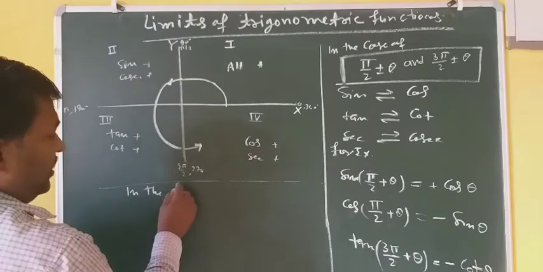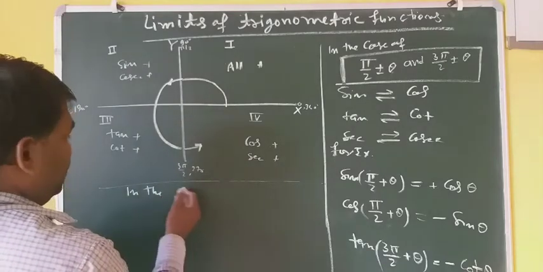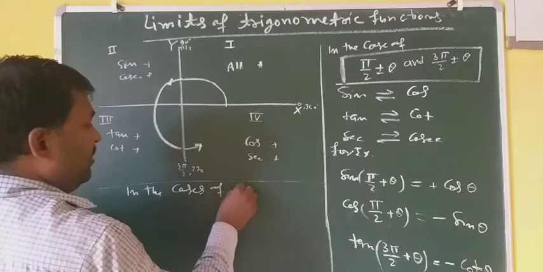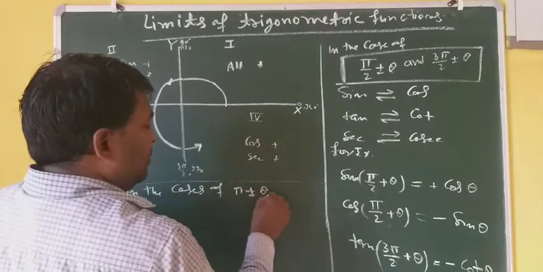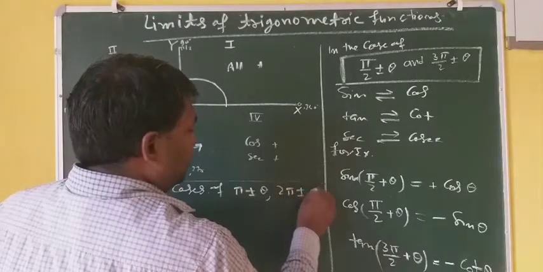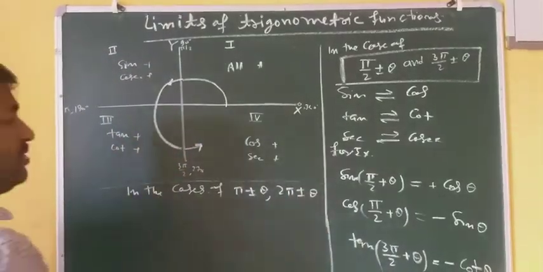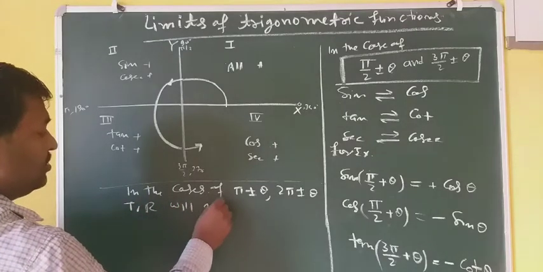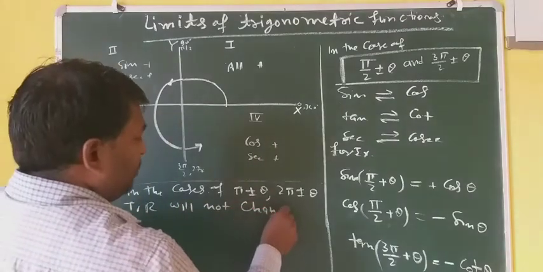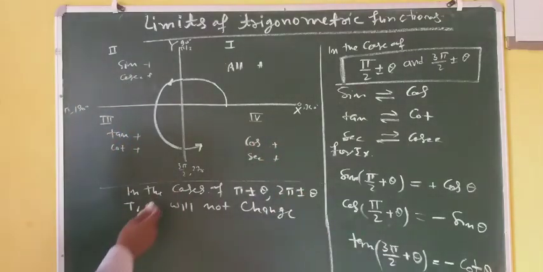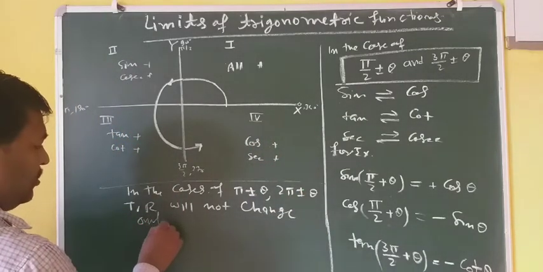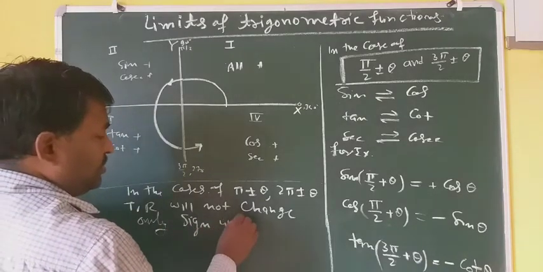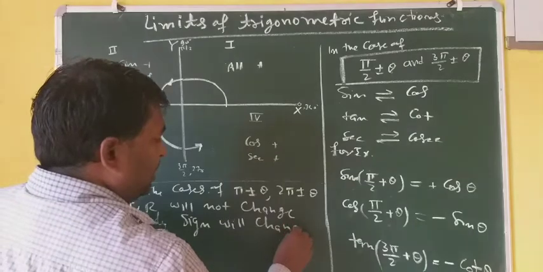In all other cases, like pi plus minus theta or 2 pi plus minus theta, trigonometric ratios will not change. Only the sign will change.